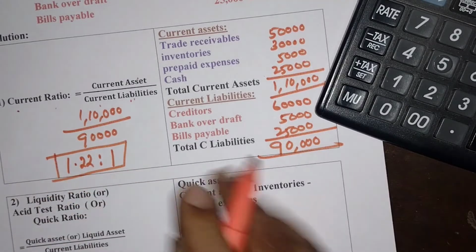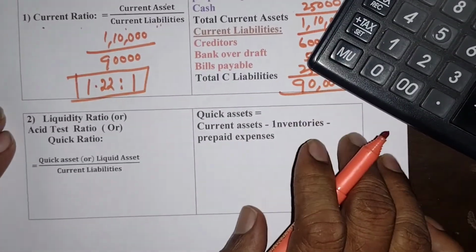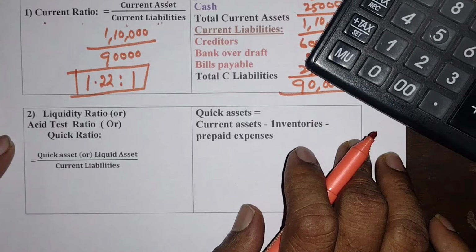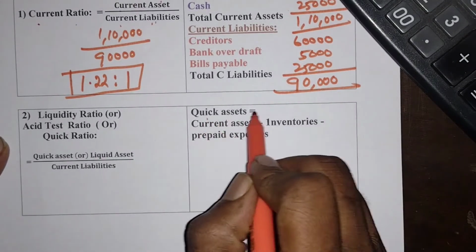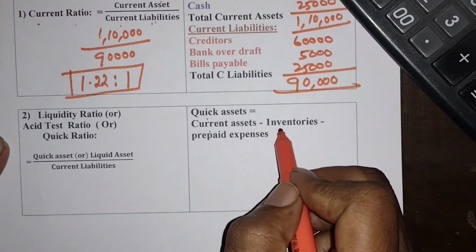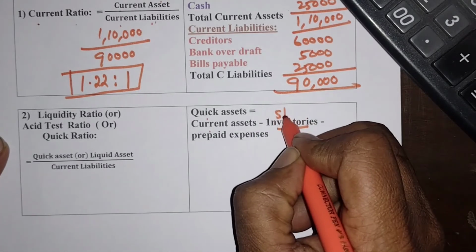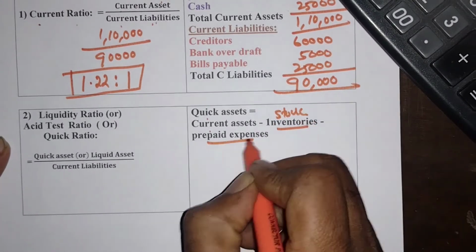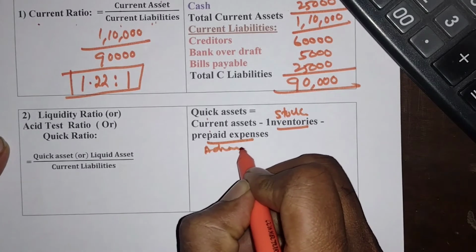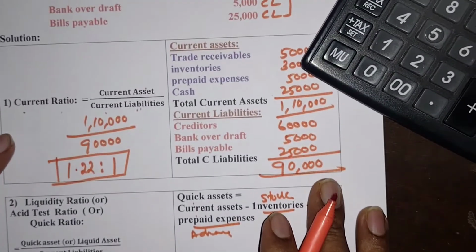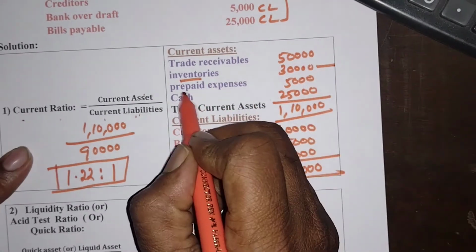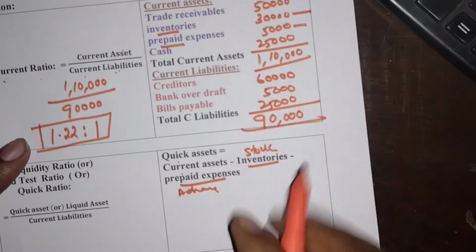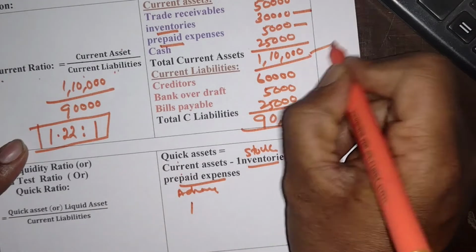Yes. And second one they asked us to calculate quick ratio or liquid ratio. So what is the formula for this one? Quick asset is equal to current asset minus inventories minus prepaid. Inventories means stock, and prepaid means advance. So as per this problem, the inventories is 30,000 and prepaid is 5,000. Current asset is 1,10,000 we have.